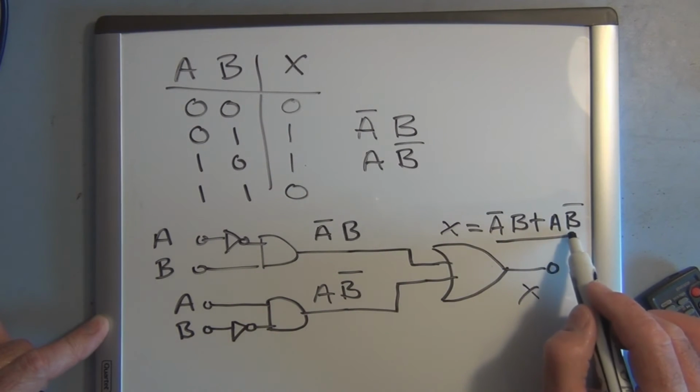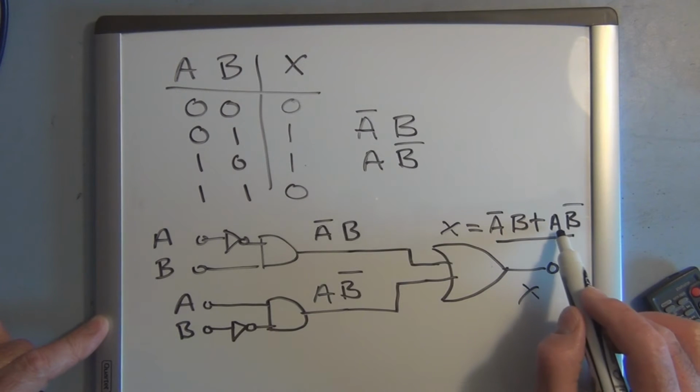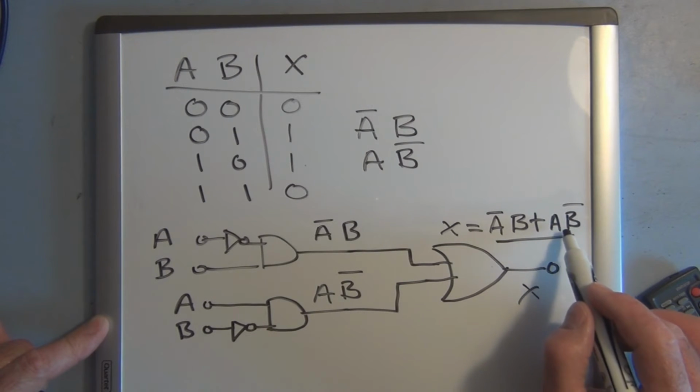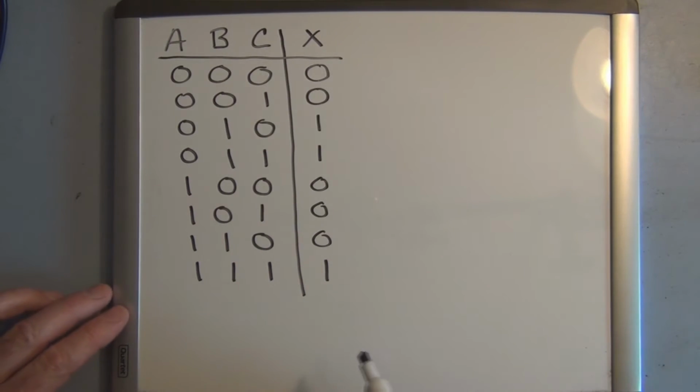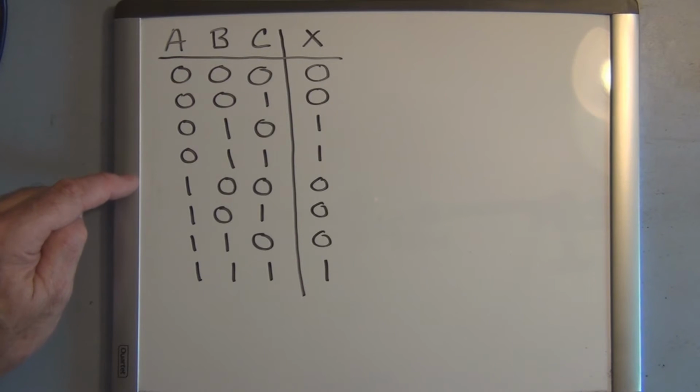So here we have two terms, which are the product of A and B, and we sum them together to produce the total output X. This same method can be used for circuits with more than two inputs. So here we have a truth table that summarizes the outputs for each input combination.